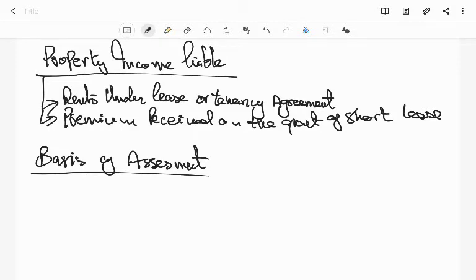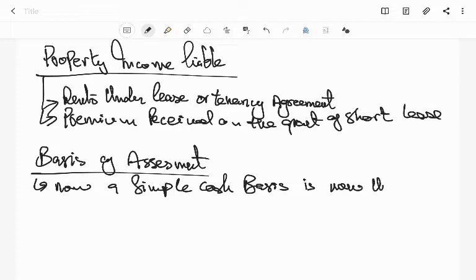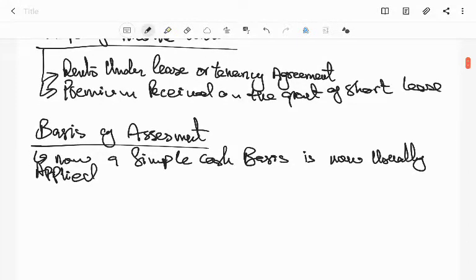But now, from 2018-19, a simple cash basis is usually applied, and in an exam question it should be assumed to apply unless specifically stated to the contrary.